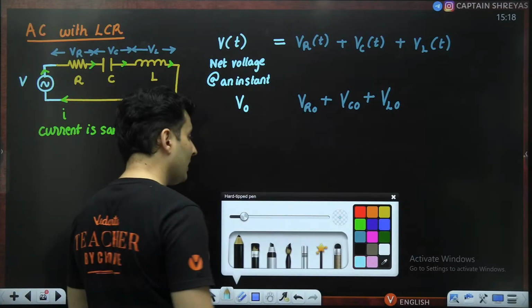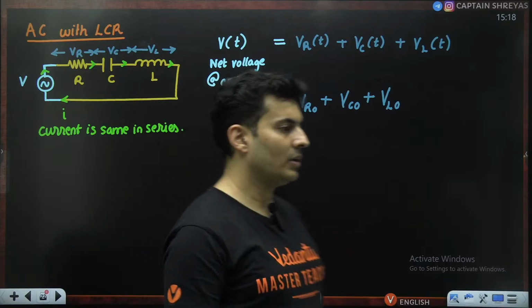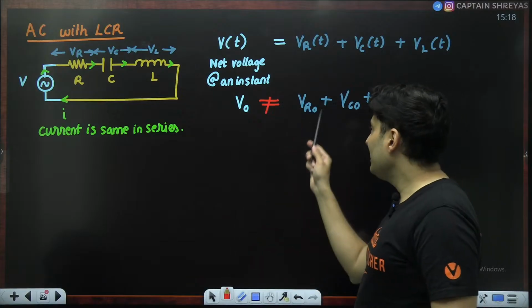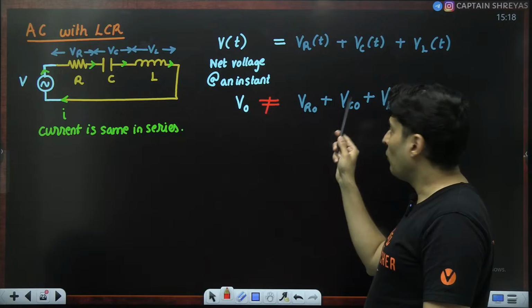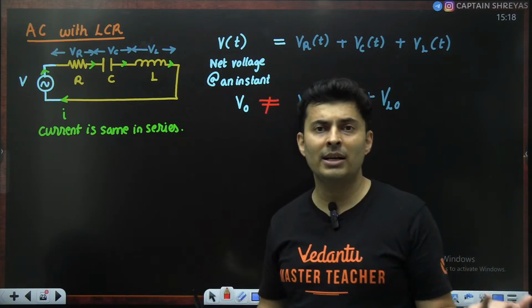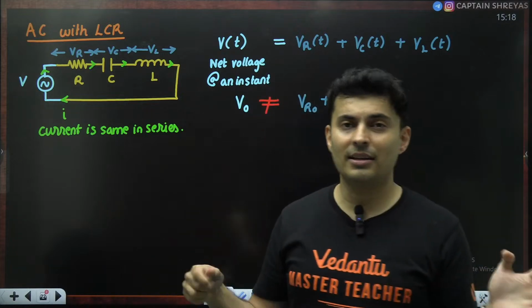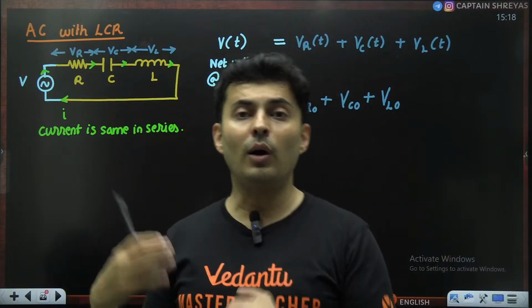Will this be equal? The answer is absolutely not. Definitely they are not going to be equal, because you'll be like, why are they not equal? When this is maximum, what guarantee this is also maximum? Why are they not necessarily going to be maximum? Because they are not in phase. Remember, voltages across resistor, inductor, capacitor, they might go behind, they might be ahead of the current.